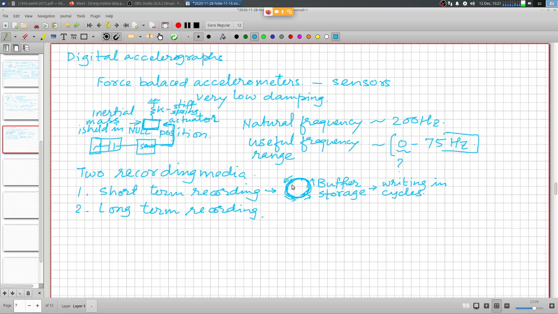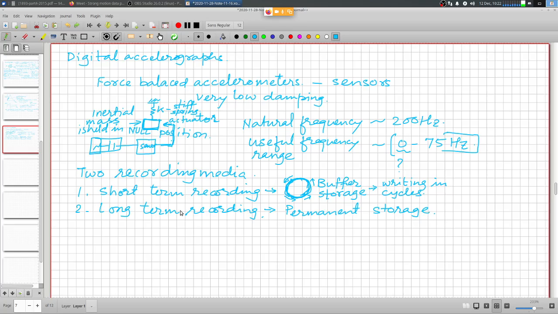Now, obviously this is a small segment. We don't need a very long memory. Of course, we can decide how much to use it. And long-term recording is the permanent storage. This does not get deleted unless we specifically delete the content of this storage.